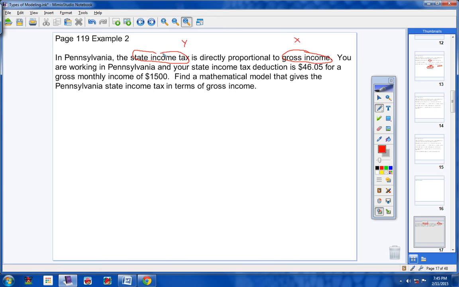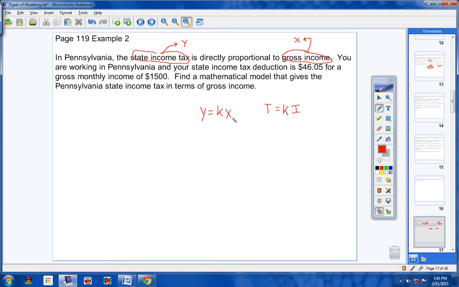So your state income tax is going to be your y, and your gross income would be like your x. So instead of using the model y equals kx, I'm going to use tax equals k times income. Instead of y, I used a T. Instead of x, I used I.